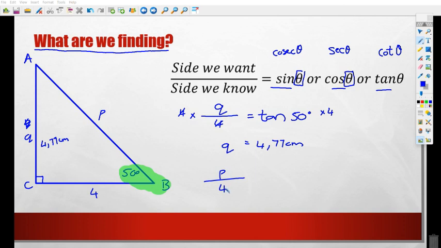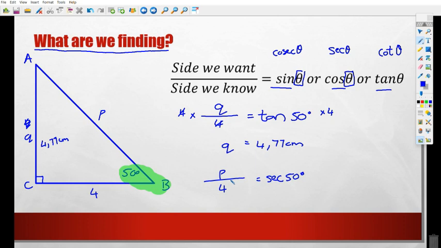What is hypotenuse over adjacent? It's not cos, because cos is adjacent over hypotenuse. Good, it's the reciprocal of cos, which is sec of what angle are we dealing with? The 50-degree angle. I hope you saw what I did there.